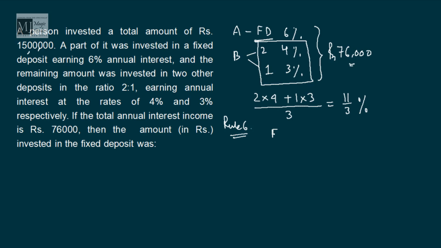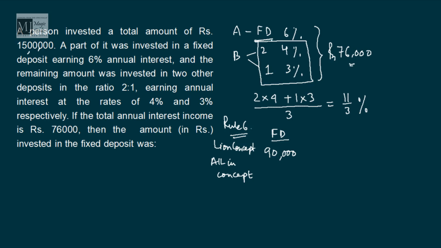What would be the return on 15 lakh if invested at 6%? It would be 90,000. I'm using the all-in concept, the line concepts of rule 6. What will happen if all-in is given to that respective part in the mixture?